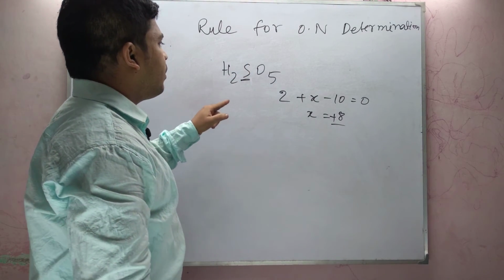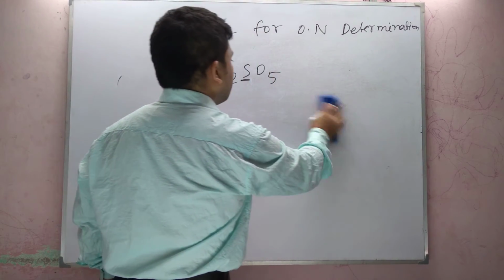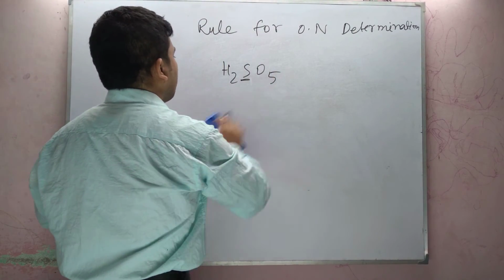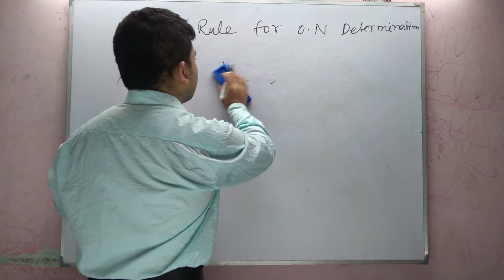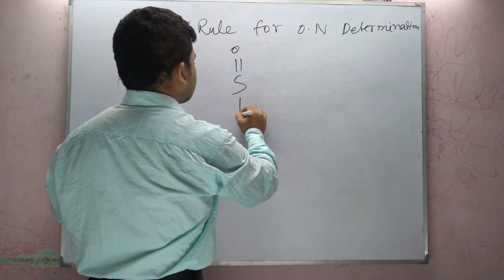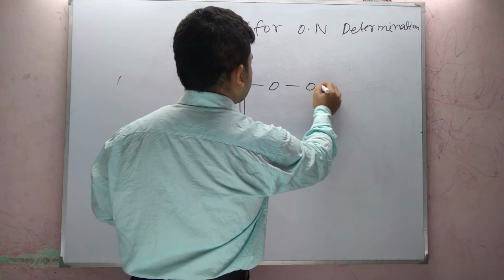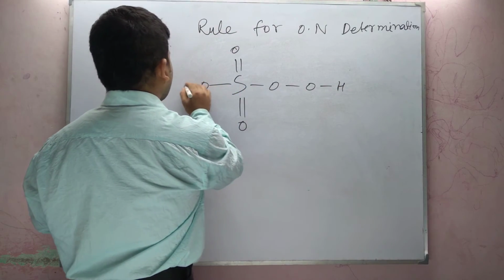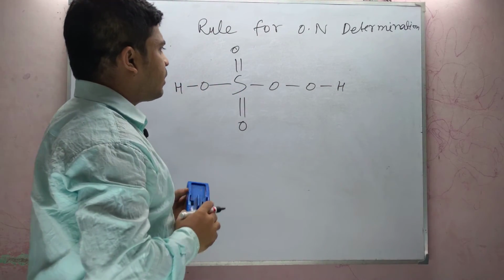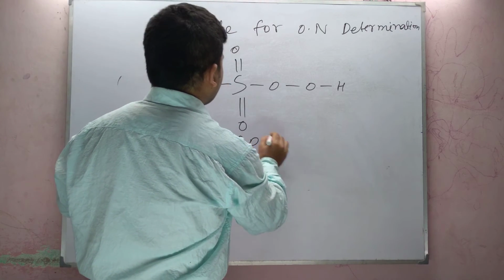For this reason we have to determine the oxidation number of sulfur using a different method, by drawing its structure. This is the structure of H2SO5.